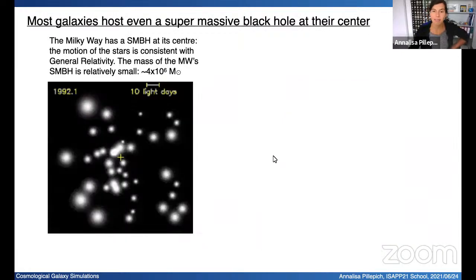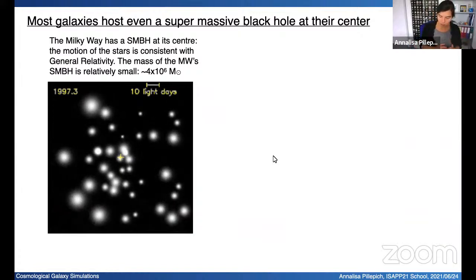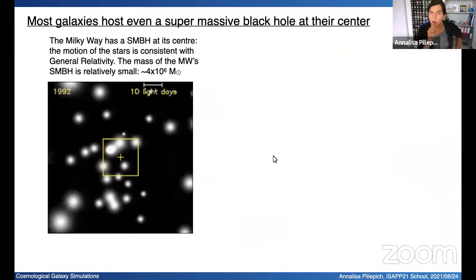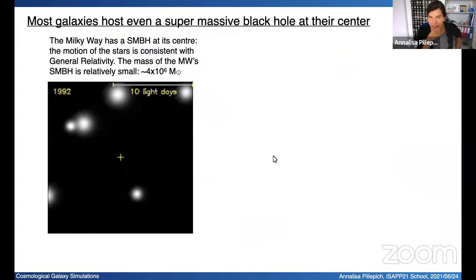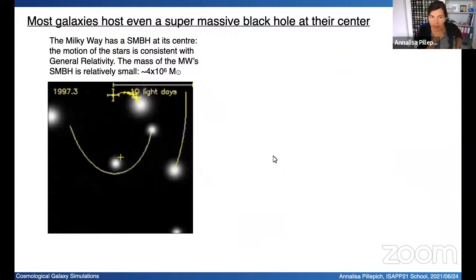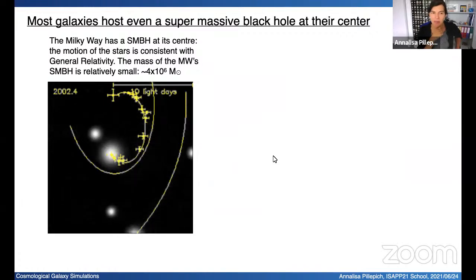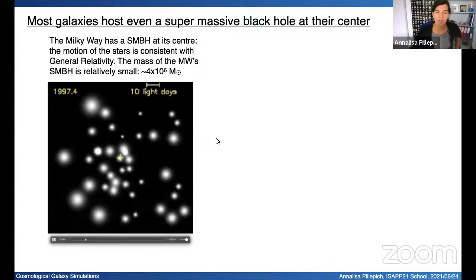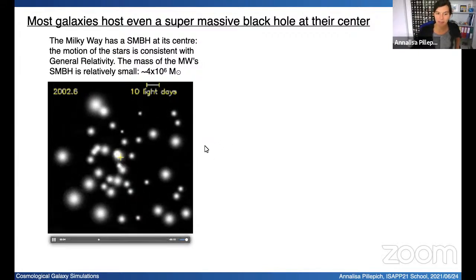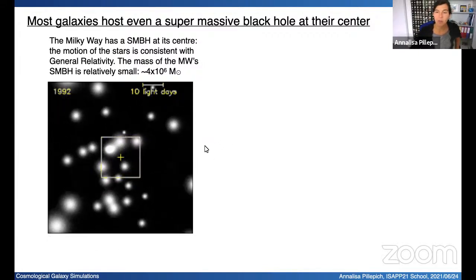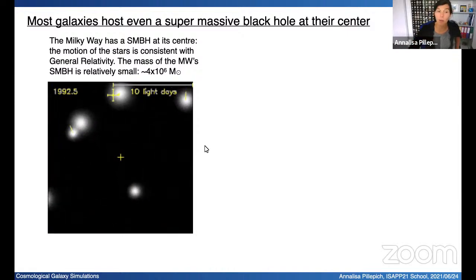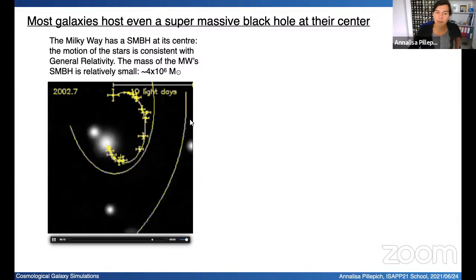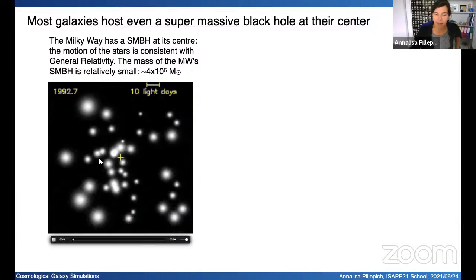All right, and finally, to finish this overview, now we know that most massive galaxies even host a supermassive black hole at the center. So our own Milky Way has a supermassive black hole at the center. The luminous source is called Sagittarius A*, and you might have heard about these amazing results that are now depicted here, for which the community can actually measure the motions of individual stars around this elusive black hole.